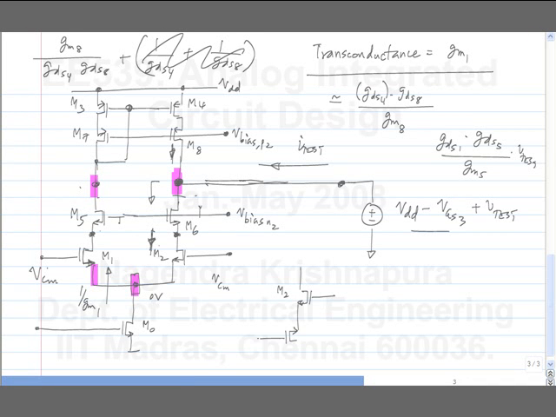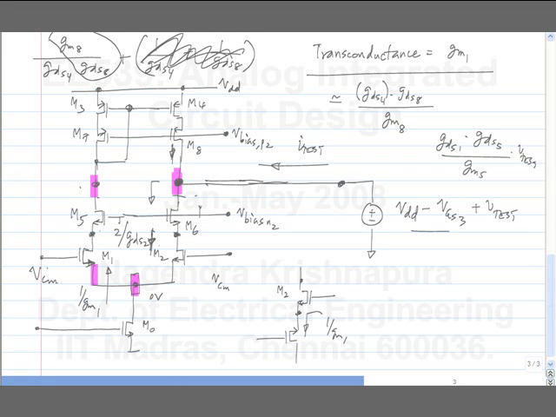So the degeneration impedance is 1 over GM1, which is the same as this. So in this case, clearly I can't neglect these two. I can neglect these two only if this GM by GDS ratio is large. If it is 1, I can't neglect that. So looking in here, I get 2 by GDS2. Is this part clear? This is exactly what we did with the differential pair, no difference at all.